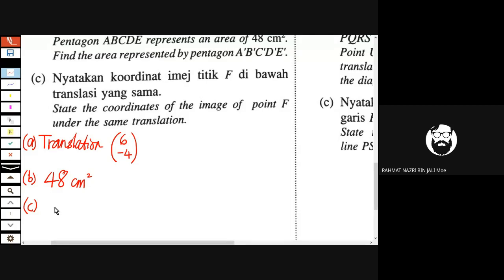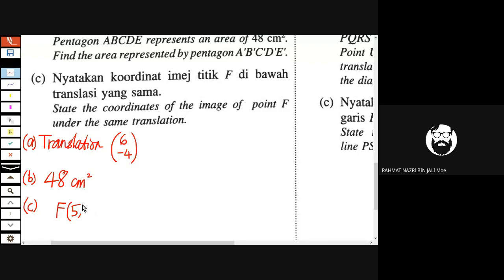Jadi kita boleh tulis di sini F with the coordinate. Tolong saya identify coordinate of F. Anyone? Check box. Apakah coordinate of F? Not 5, 11.